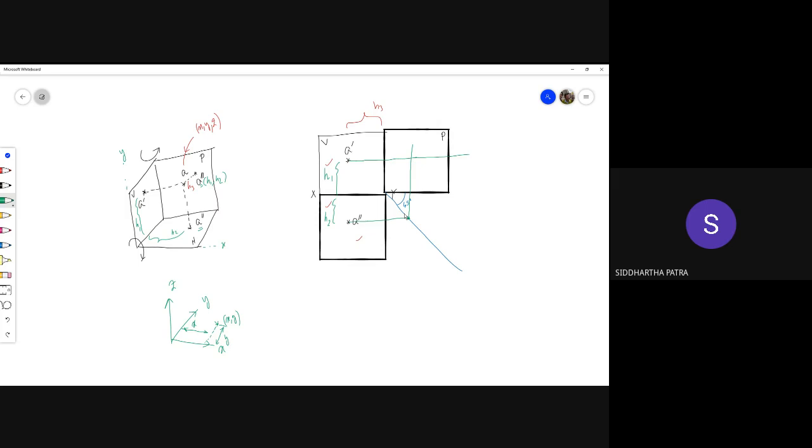No, I guess. We need to ensure that, since h2 is the distance from the vertical plane, this length and this length are the same, which would be obvious if this angle is 45 degrees. So yes, that way you get the point of intersection, which would be A triple prime.